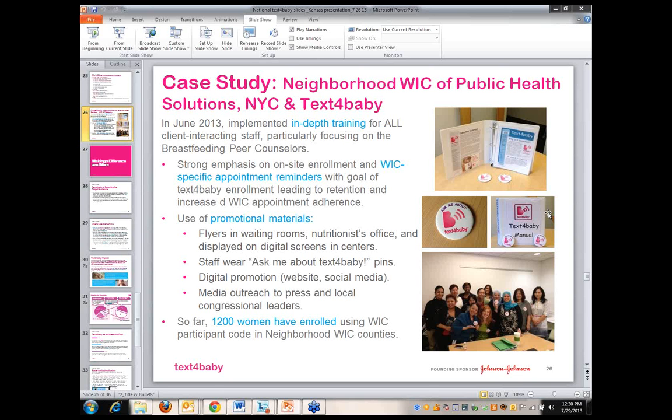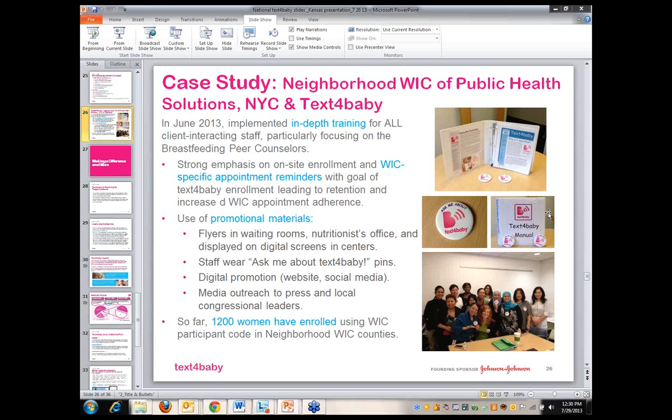Once a client is enrolled in Text4baby, they had a creative idea of putting stickers on that client's file showing that she is enrolled, and then at every appointment, they use the appointment reminders to get clients back to their appointments. It's helping the WIC clinics keep their women coming back, as well as engaging them within the Text4baby service too.